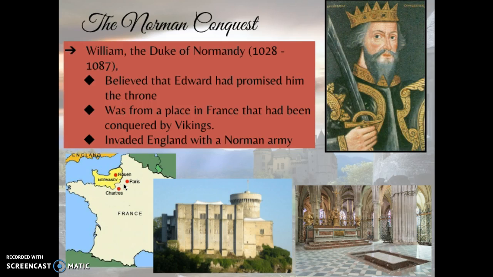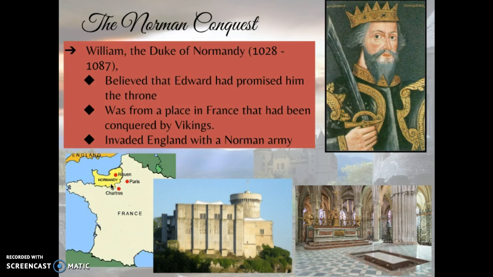So William, the Duke of Normandy, and this is Normandy here in France, believes that Edward had promised him the throne. And they're, I don't know, cousins or something. And note to self, when you study European history, remember all the monarchs are sort of related in some way, sometimes maybe too close for comfort.